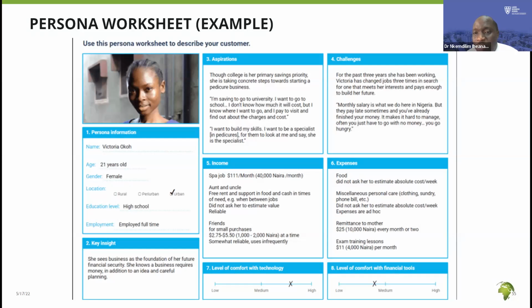She spends money on food, on miscellaneous personal care like clothing, phone bills, and she remits $25 to her mother every month. And then she attends exams every month. Her level of comfort with financial tools is low to medium.